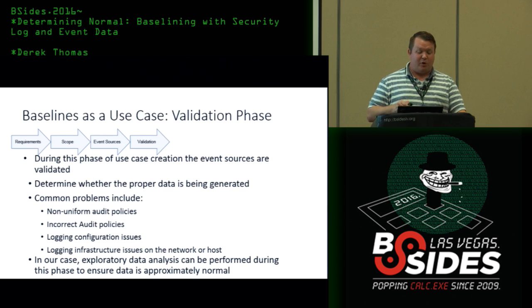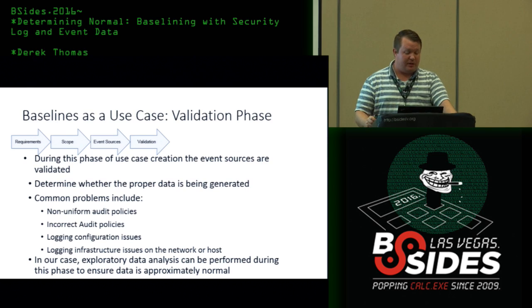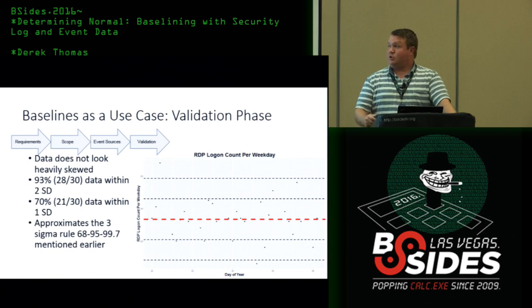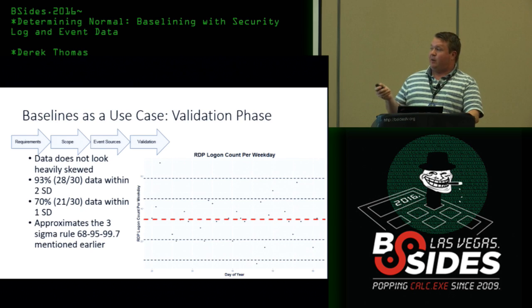But in our case, the exploratory data analysis occurs in the validation phase. So determining whether the data is normally distributed, determining whether it's going to make a good use case, and what our thresholds are going to be. So here, again, I've plotted RDP data for a 30-day period, per day. So per day, we see on day 20, we see almost exactly on the average, and so on.